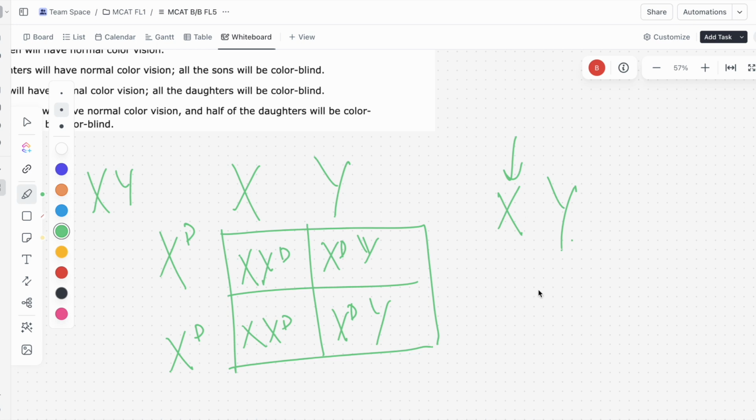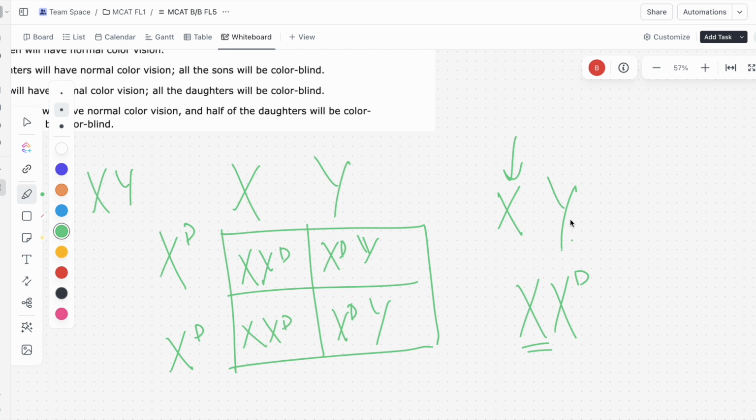Whereas for females, or daughters, because they have two X chromosomes, and in this case one of those X chromosomes has that colorblind gene, as long as one of them is a normal copy, and we know that this trait is recessive, that normal copy of the X chromosome can rescue and prevent colorblindness in the daughter.